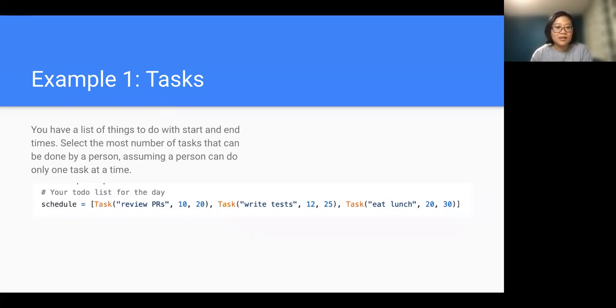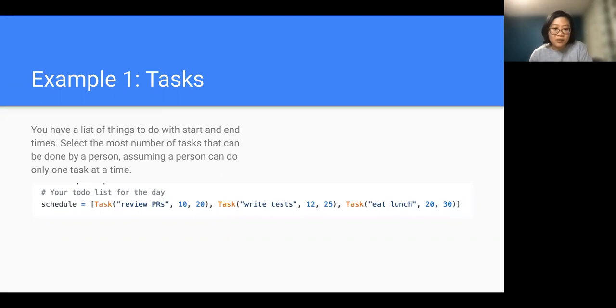If you look at this example, we have a list of objects called a task, and it has the name of the task, the start time, and the end time. To simplify the problem a little bit, we represent them as integer values.